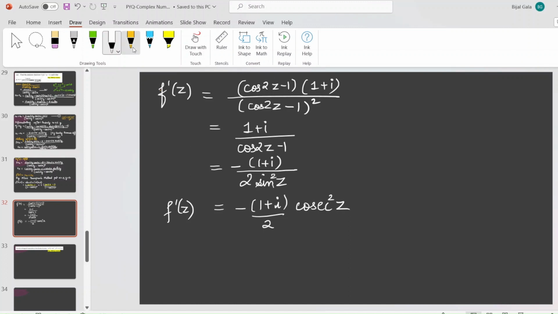So I'll continue here. F of z would be equal to integral f dash of z dz.